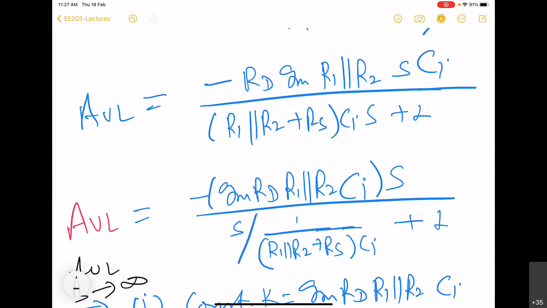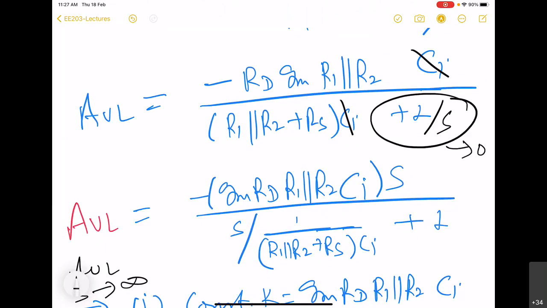So if we take a limit for infinity, we will divide it by S and then take the limit. Here you can see that when you take the limit, it is only this term which will become 0. Rest all will survive. And when rest all survive, C and C will get cancelled out.